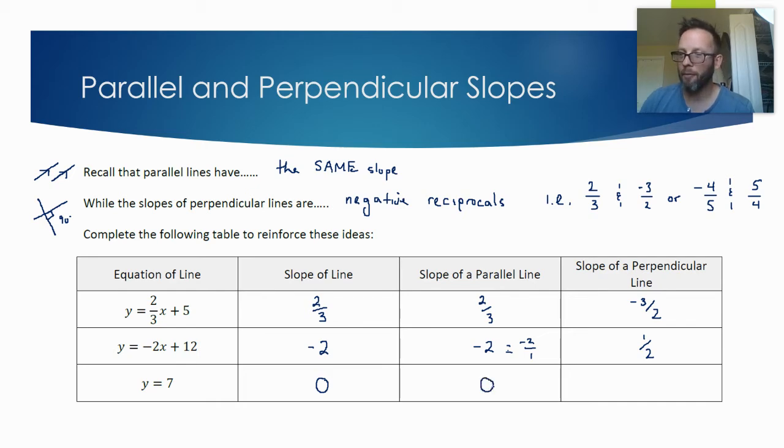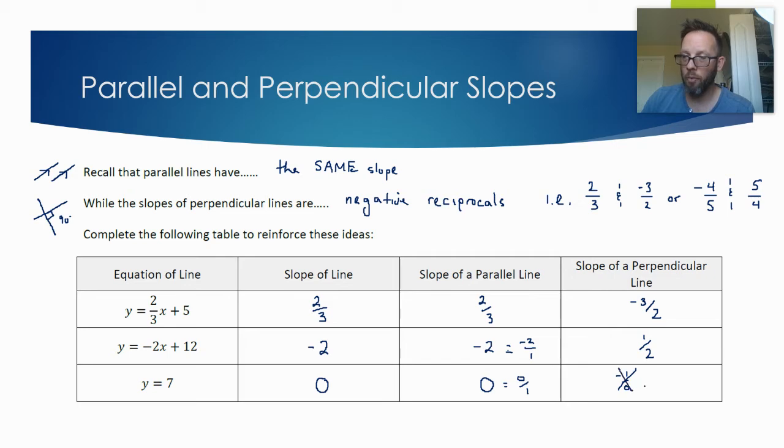But what is the negative reciprocal of 0? That's a little weird, because 0 doesn't have a sign. It's not positive or negative. And if I write 0 as 0/1, well, when you flip that, you get -1/0, which is weird, because you can't divide by 0.